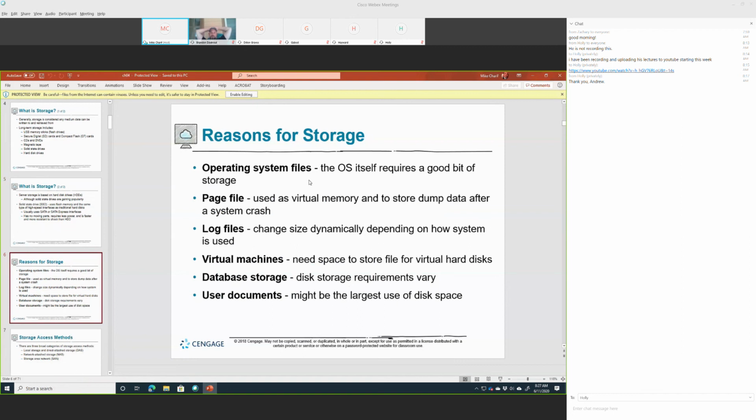For example, if you run multiple applications at one time on your machine and you run out of physical memory, then you can use the virtual memory. And this is another use for it. And that's why it asks about a machine that uses the page file a lot. I think that was one question on the A+ exam.